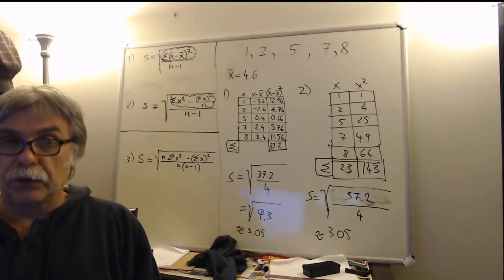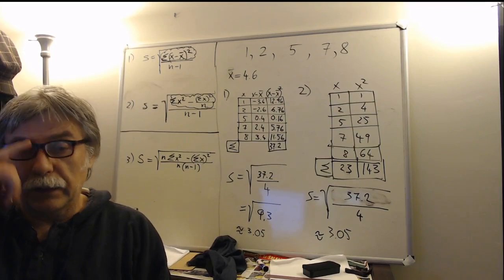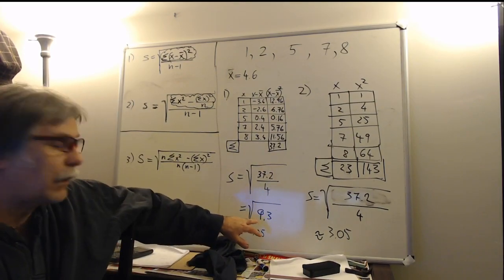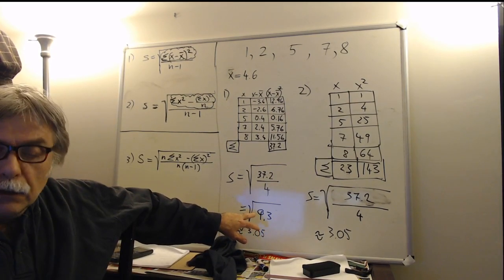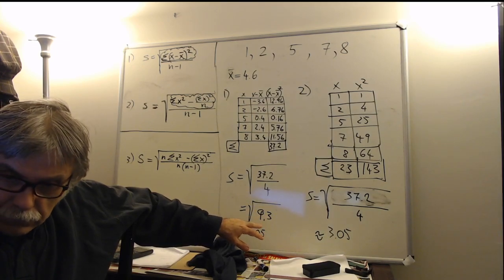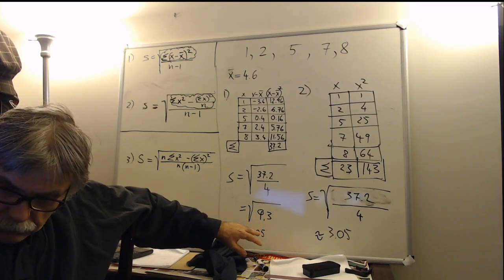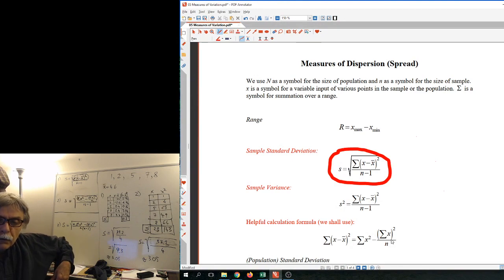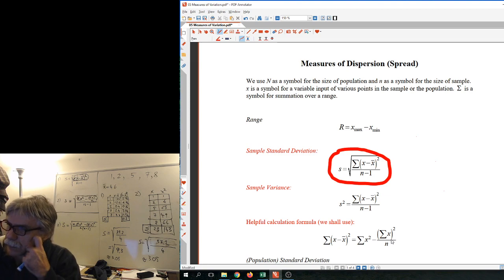What we got is 3.05. On the way, as you can notice here, before I took a radical, I got 9.3. Without the radical, this is called variance. So you have here variance.